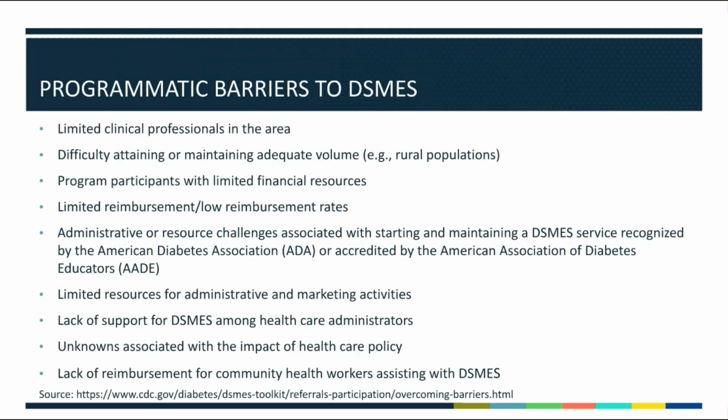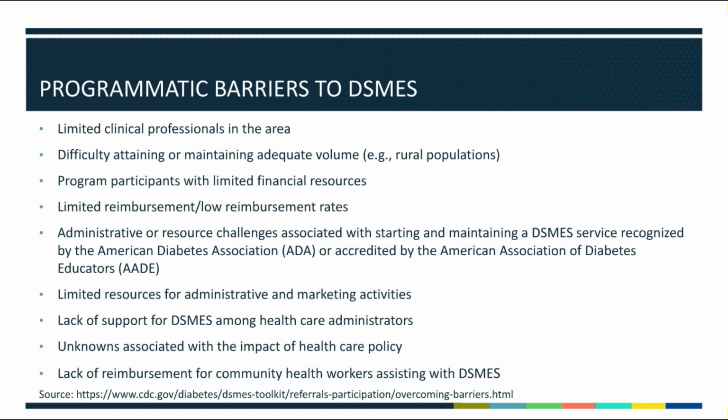So under programmatic barriers, as I was seeing the answers fly in here, we were seeing things like limited clinical professionals in the area. That came up as not enough program availability, and again, a difficulty attaining or maintaining the adequate volume of people. So if you're in a rural area, it may be more difficult to get enough people, particularly enough people who could get transportation to a program.